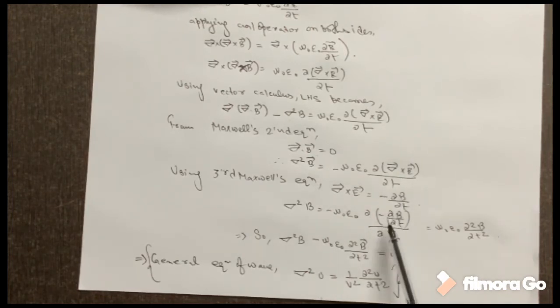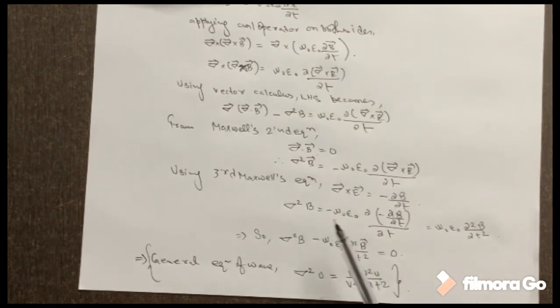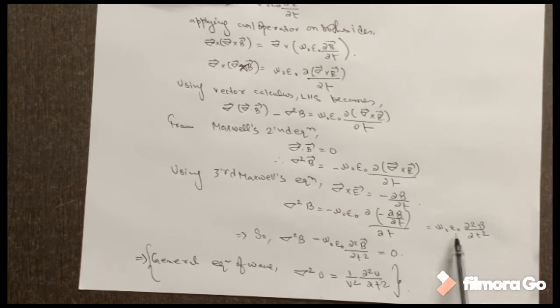So on substituting this, both negative signs get cancelled, and del square B is equal to mu naught epsilon naught times del square B by del t square. On bringing this to the left hand side, it becomes del square B minus epsilon naught mu naught del square B by del t square equal to 0.